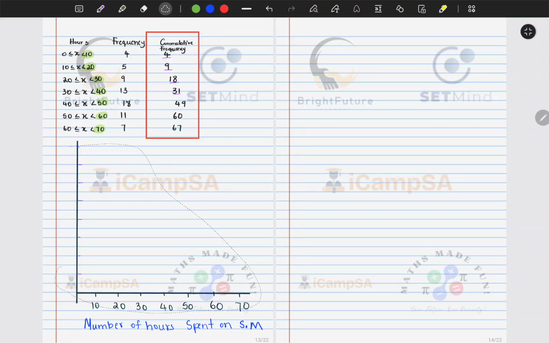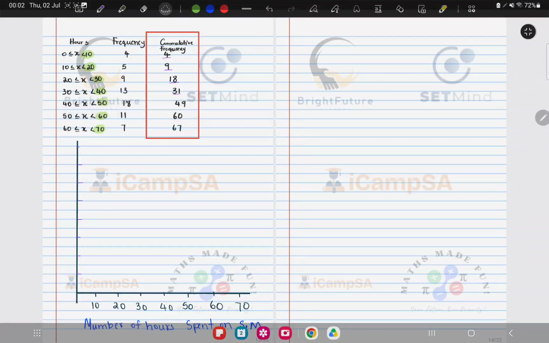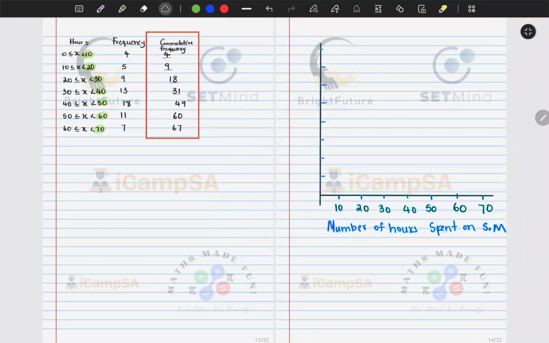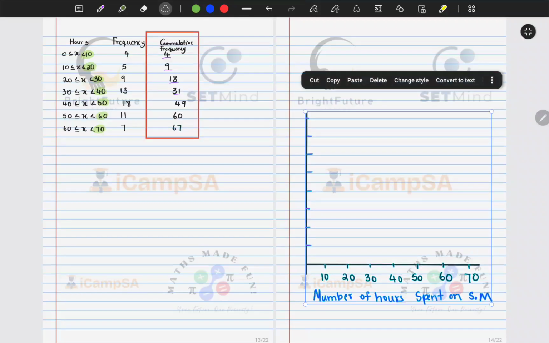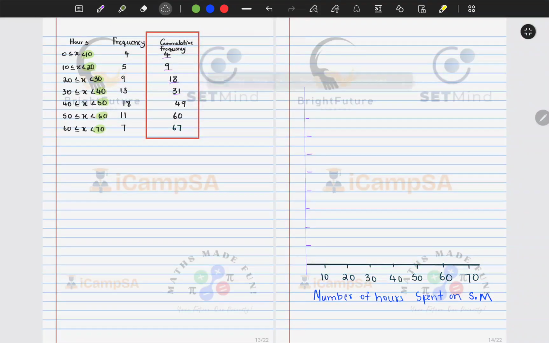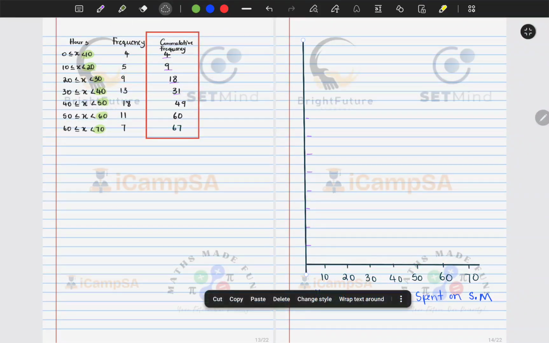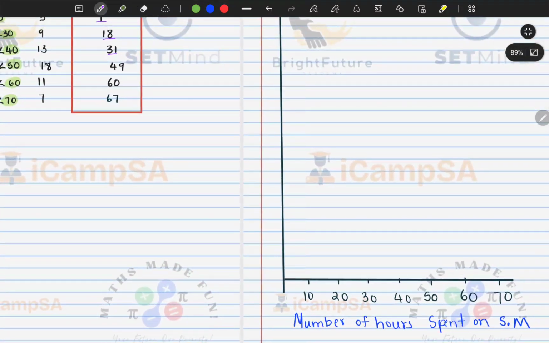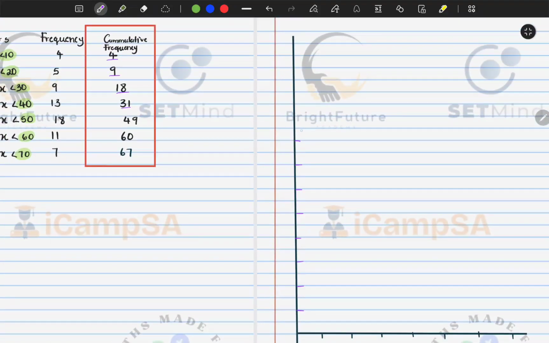So unless I just take all of this to the next page, okay? And we just make our scale bigger. Right. So let me try again and see how it goes. So what we're going to have is 5, 10, 15, 20, 25, 30, 35, 40, and 45, 50, 55, 60.